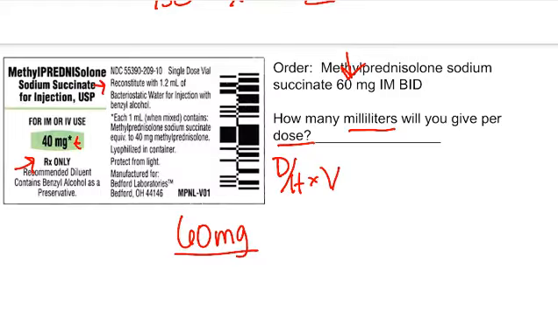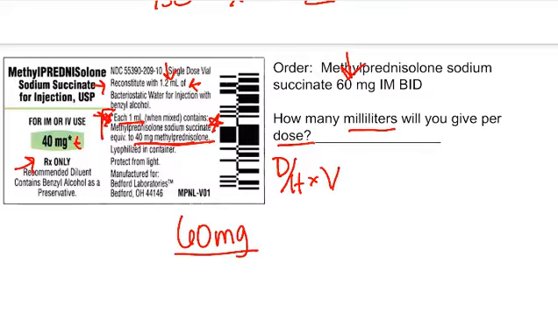Reconstitute with 1.2 ml, but again, I'm not going to use that. I'm not going to say 40 milligrams in 1.2 milliliters unless there's something else here, okay? So let's see, there we go. Each 1 milliliter when mixed contains 40 milligrams. So I'm going to use this, 1 milliliter, 40 milligrams, not this. Do you see the difference? So whenever they give you this here, that's what you're going to use.